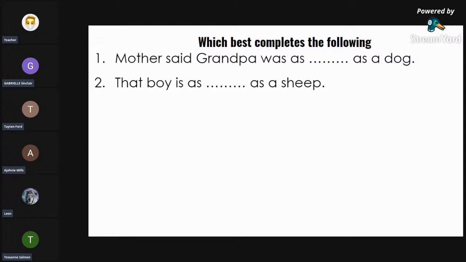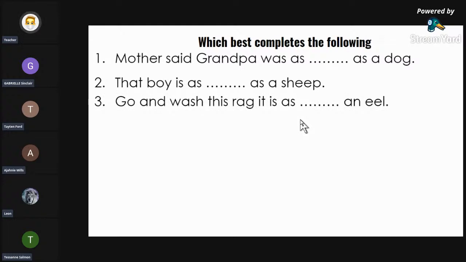All right, let's go with another one. Let's see. This one is for the panel now. Someone from the panel, read that for me, please. Feel free to open your microphone. Somebody from the panel. Go and wash this rag.